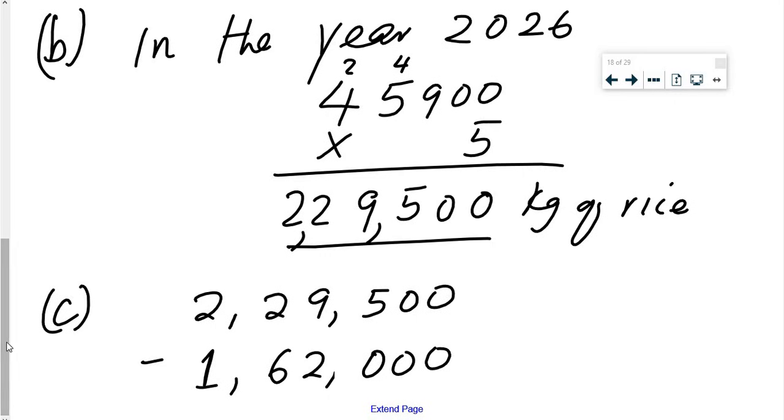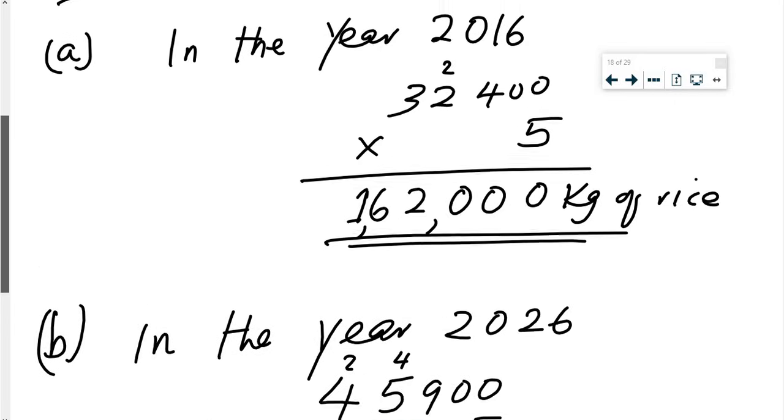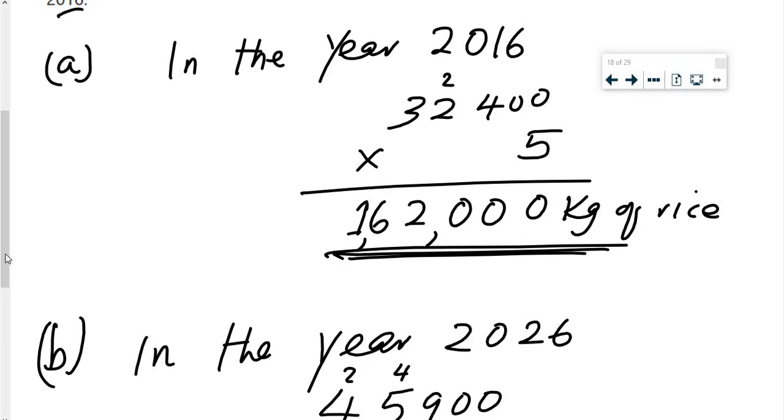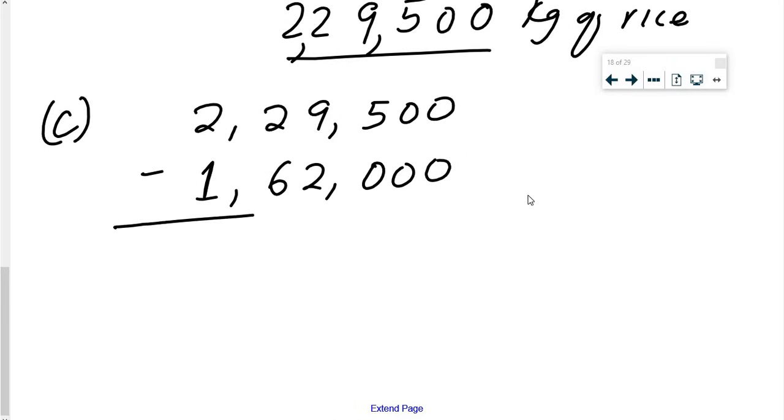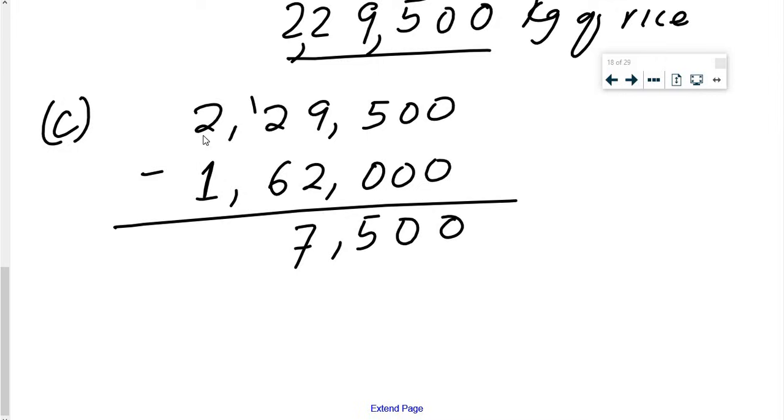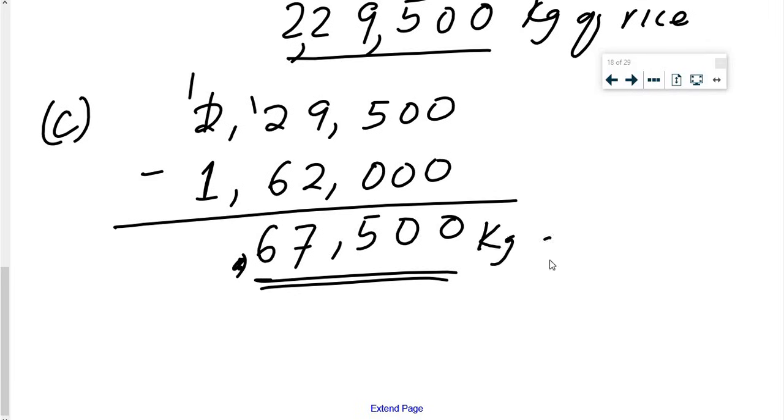This is in the year 2026, and this one here is in the year 2016. So you have to subtract the two amounts. That is 005. That is 7, that is 12, 6 here, so that is 0. So answer will be 67,500 kg of rice.